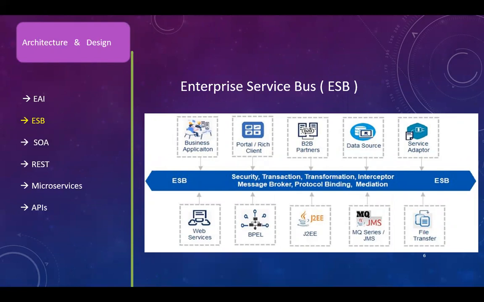That has to be overcome, and that's where the enterprise service bus came, providing more capabilities like distribution of the integration service, and extra features like security, mediation, and protocol binding. Some features which were not there in the EAI architecture were added as part of the ESB.